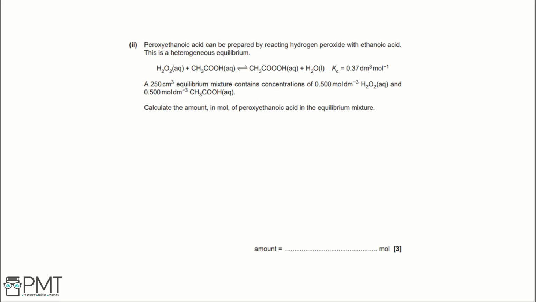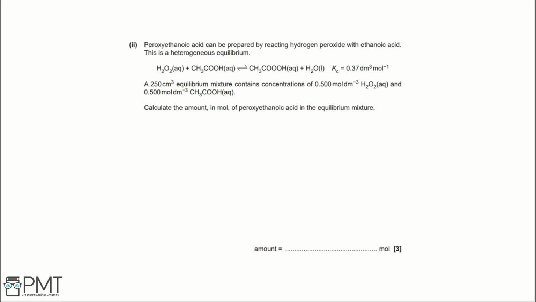Part 2. Peroxyethanoic acid can be prepared by reacting hydrogen peroxide with ethanoic acid. This is a heterogeneous equilibrium. A 250 centimeter cubed equilibrium mixture contains concentrations of 0.5 moles per decimeter cubed of hydrogen peroxide and 0.5 moles per decimeter cubed of ethanoic acid.